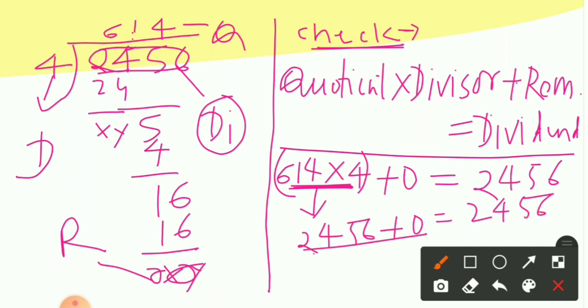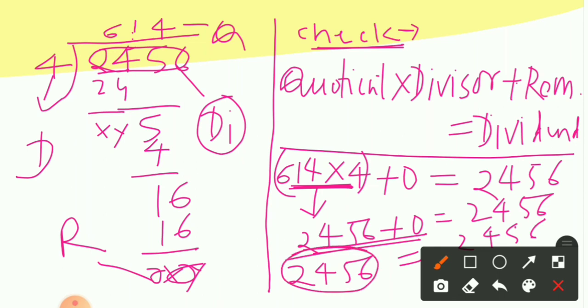So when you add this number 2456 with 0, you will get 2456 is equal to 2456. So here you can see that on the left hand side we got 2456 and on the right side we also got 2456. So in this way we can say that this is the correct answer, meaning 614 will be our quotient.